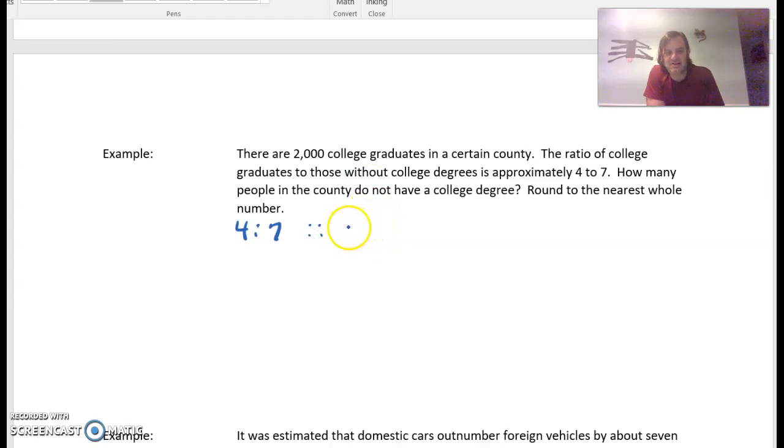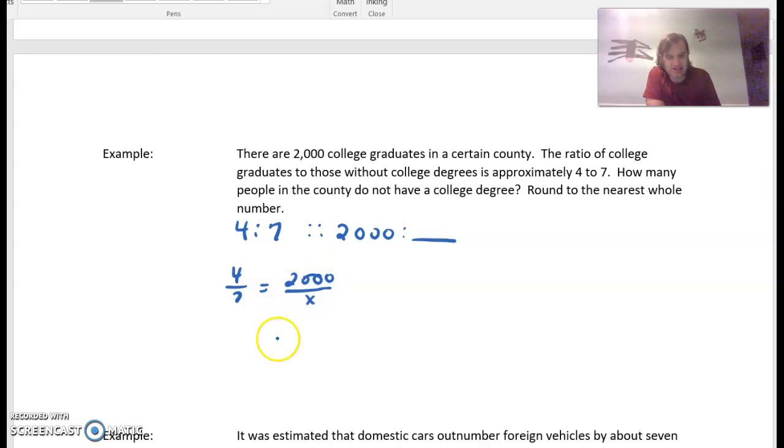So we're going to compare that to college degrees. We know there are 2,000, as it says, but we don't know how many don't have a college degree. So we could write this as fractions individually, but generally you'll see this notation for ratios. So just thinking about it, I find it's much easier to think about it as a proportion. So 4x equals 14,000.